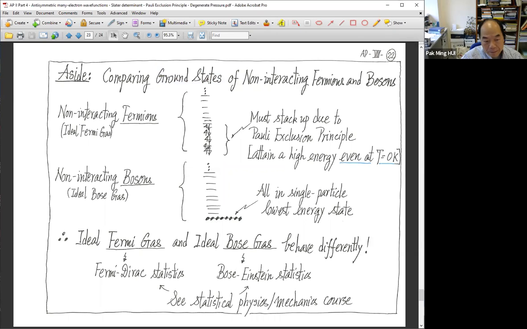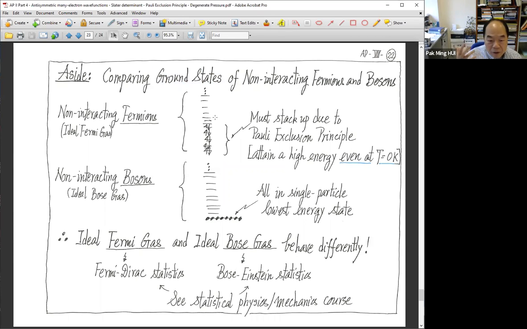For example, I have many electrons or many fermions, particles in a box. Easy. Particle in a box, you know how to solve all these states, right? You have infinitely many states. Those are the horizontal lines that I draw here.